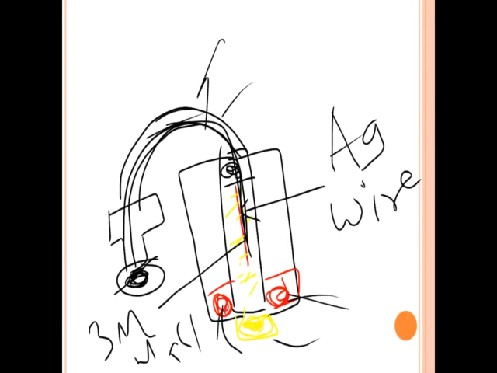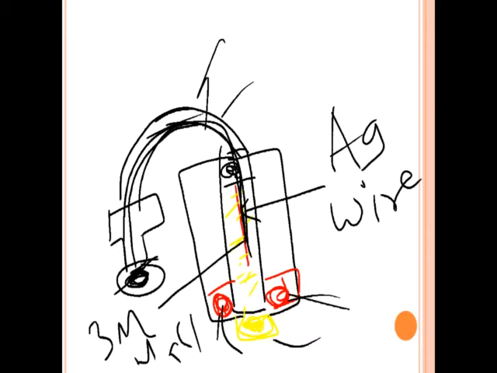And these two shown in red color are tubes made up of Teflon, that is polytetrafluoroethylene. So in this way the construction of the silver chloride reference electrode takes place.